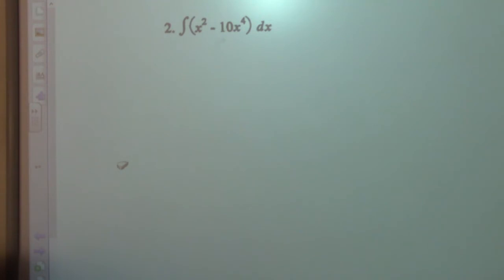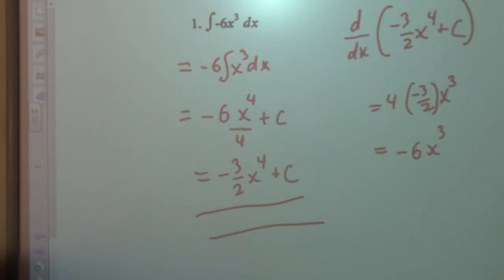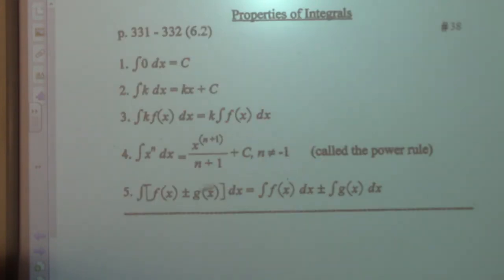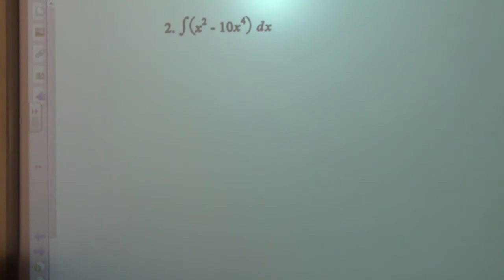Problem 2 uses another aspect of this thing right here, that you can use this 5th rule to separate out like the next problem. You see what I'm saying? Just go ahead and work it out, and we'll cover it in a few minutes, okay?